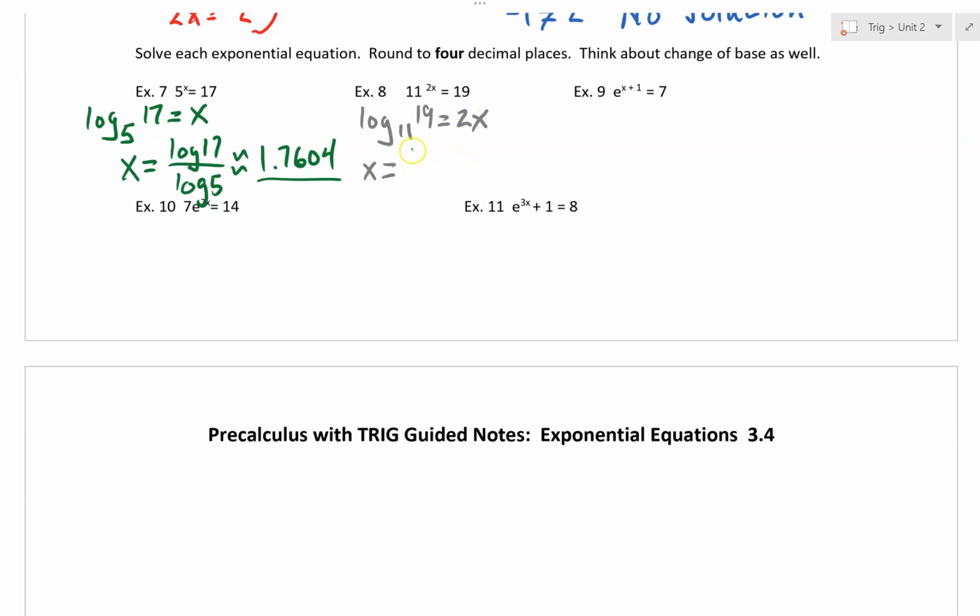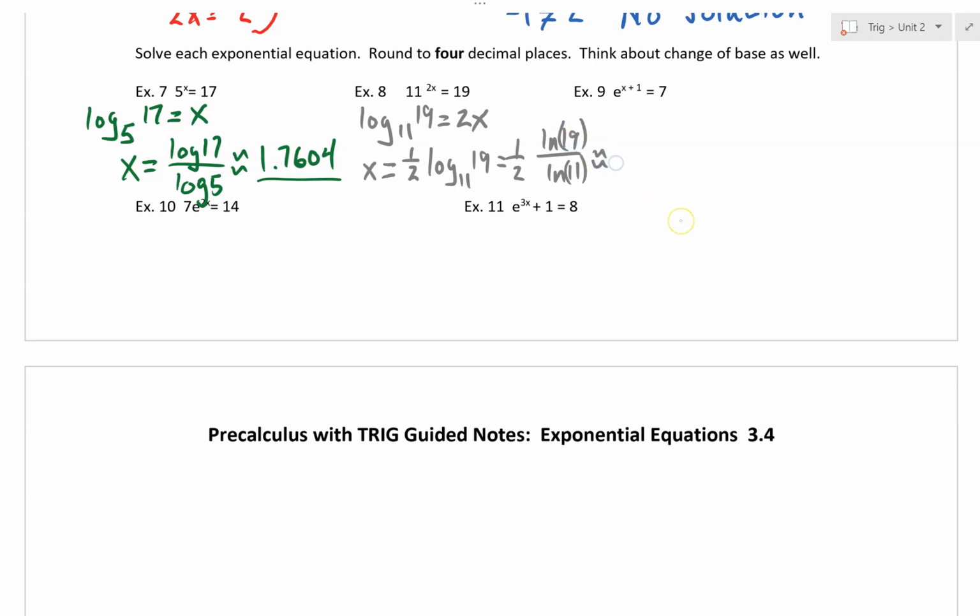I'm just going to write it as 1/2 and then say log of 11 to the 19. That means then I'm going to be saying 1/2, and then I'm going to say, and we can use either one. I'll use natural log in this particular one, natural log of 19 over the natural log of 11.